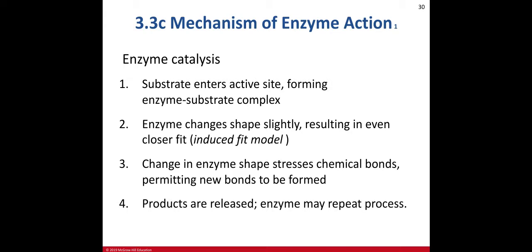There have been several other models, most notably something called lock and key, but we know now that it's this induced fit. It sort of wraps around and gives that substrate a little hug, and we call that the induced fit model. The change in the enzyme shape is going to stress the chemical bonds, which will make new bonds. Then we're going to release our product, and the enzyme can do this reaction again.